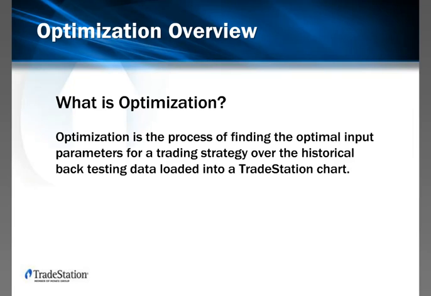Now, that can be very useful in a number of ways, including as a performance tool for your strategy. And we'll talk about how optimization can be used as a performance tool. The process of optimization is that it allows you to run through many different combinations or scenarios of the trading strategy's input parameters. Almost every strategy has input parameters.